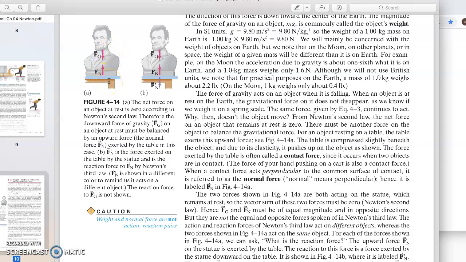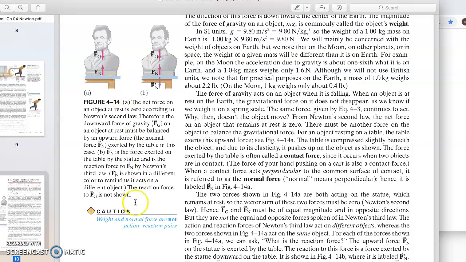And that force is related to the surface, and it's always perpendicular to the surface, no matter what. No matter if the surface is horizontal or inclined, the Fn, which is the normal force, is a reaction force to an object placed on a surface. Again, the normal force is a reaction force for any object sitting on a surface, and it's always perpendicular to that surface.